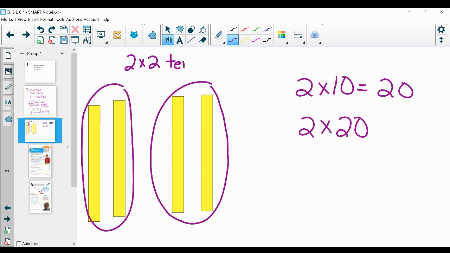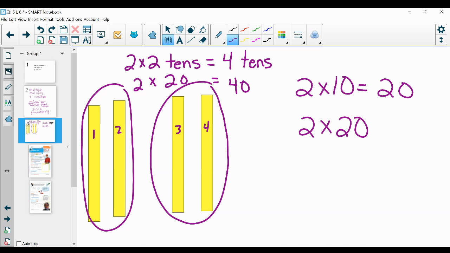It's two groups of 2 tens, which equals 4 tens. You have 1, 2, 3, 4 tens total, which is 40. 2 times 2 tens equals 40. Same thing works for hundreds.